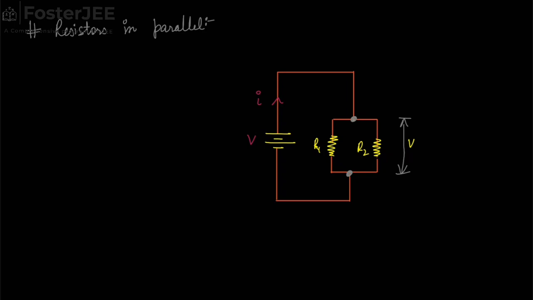Now if the potential difference across points C and B is V, then both the resistors are connected across the same potential difference.